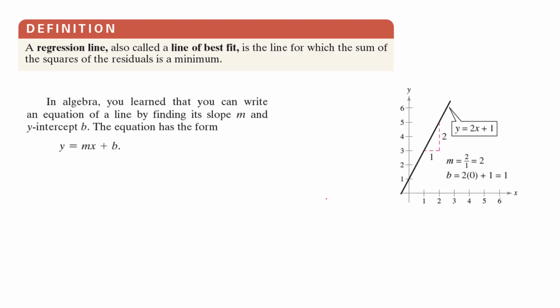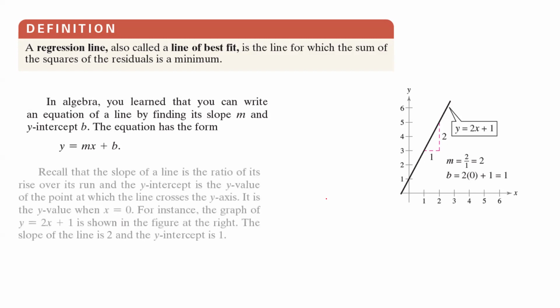In algebra, you learn that you can write an equation of a line by finding its slope, m, and y-intercept, b. And remember that the equation was mx plus b. For example, here you have an increasing line with equation y equals 2x plus 1. m, or rise over run, is 2 divided by 1, which is 2.